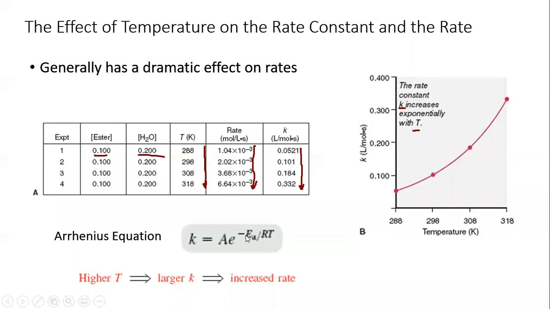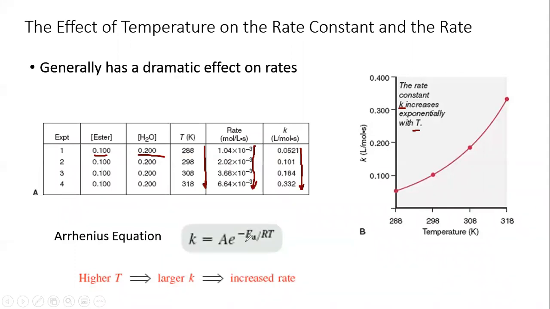So a smaller negative means it's not as negative as if it was a larger negative exponent. So e raised to a smaller negative exponent is going to be more positive than e raised to a larger negative exponent. So as temperature increases, this factor here, Ea over RT, becomes smaller.